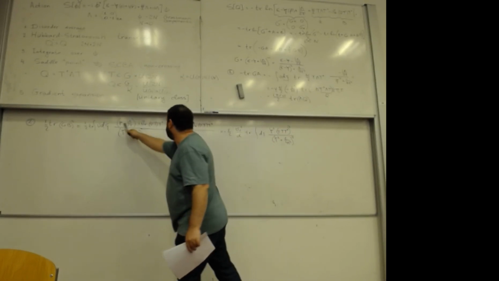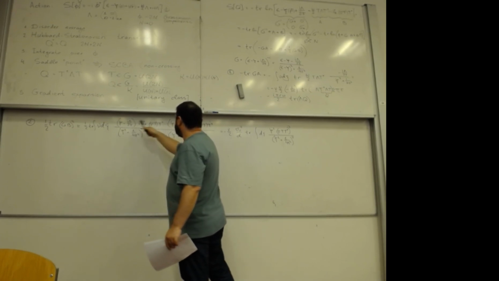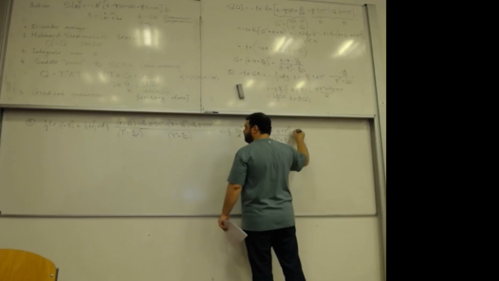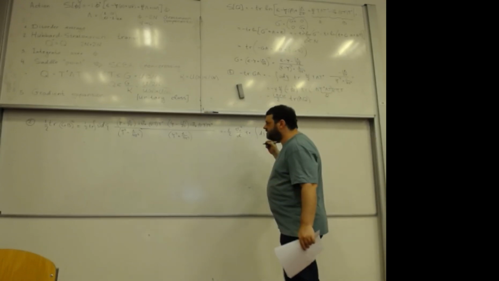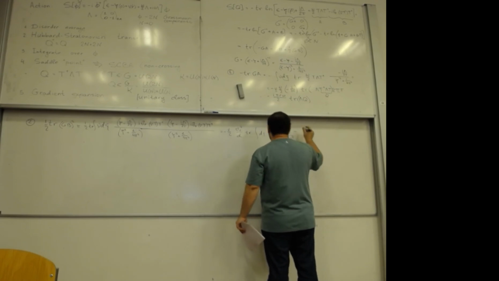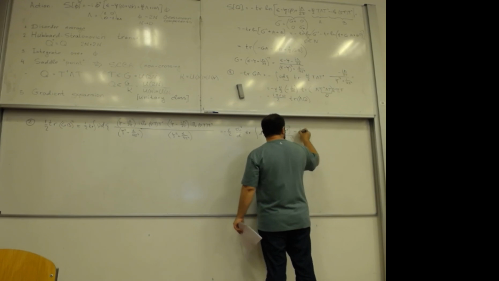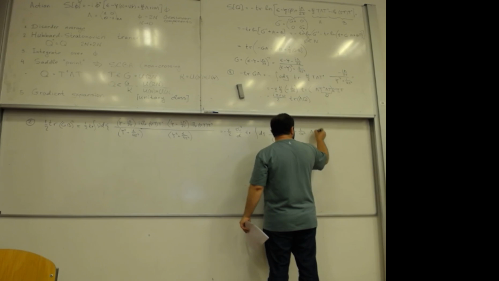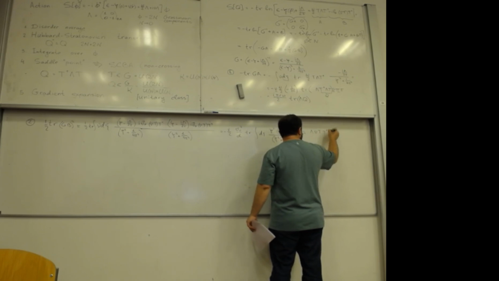This is psi times psi. And from the product of these two terms, I have minus 1 over 4 tau squared lambda gradient t dagger squared.